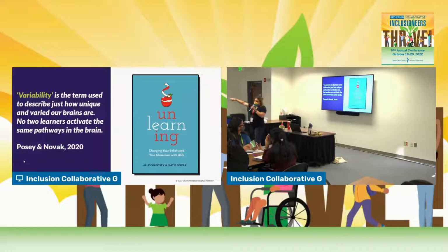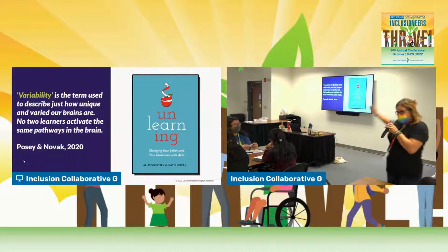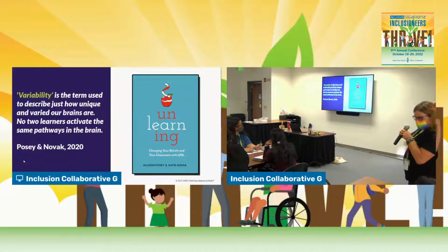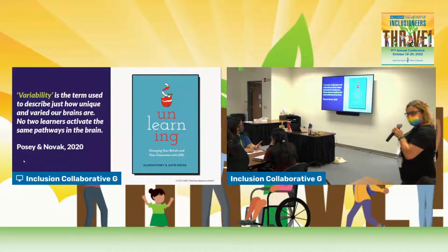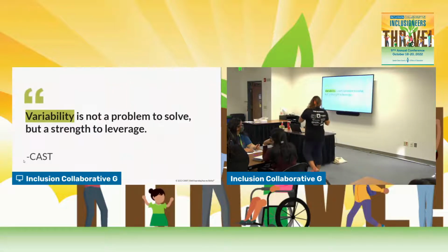It ain't disability. It is variability. We are moving away from the normal, right? Shelley Moore, what's up? I loved that experience today. That visual is everything to me. Variability is not a problem to solve, but it's a strength to leverage.